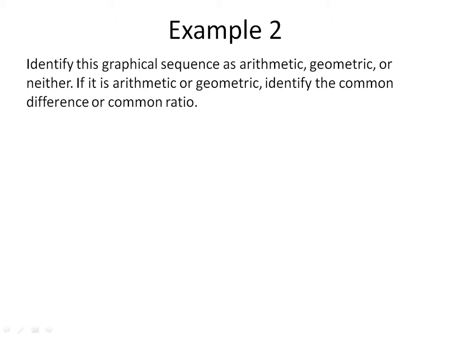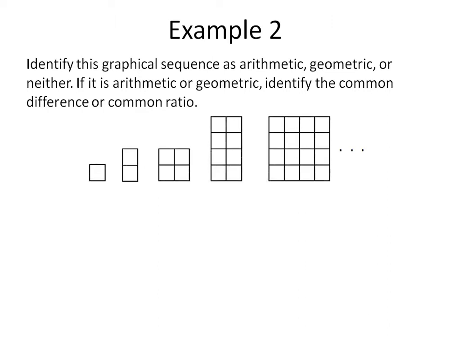Okay, example 2. They want us to identify this graphical sequence as arithmetic, geometric, or neither. If it is arithmetic or geometric, they want us to identify the common difference or common ratio. So we have 1 square at the first position, 2 in the next one, 4, 8, and 16, and so on.